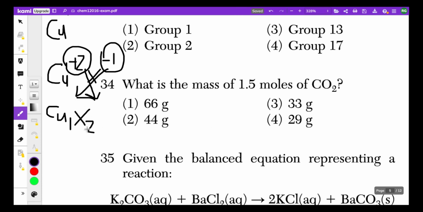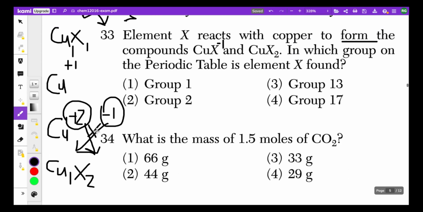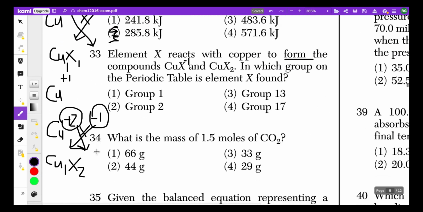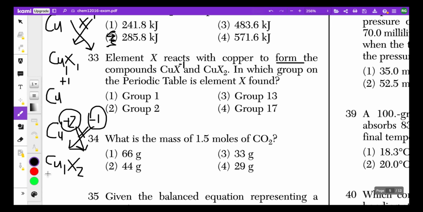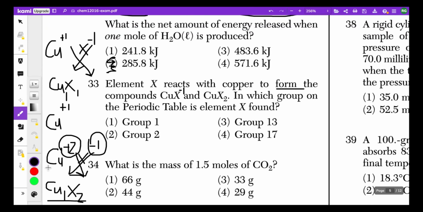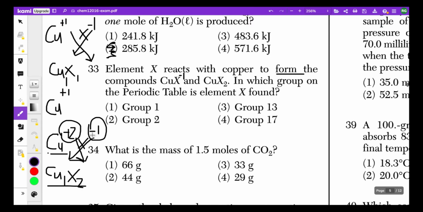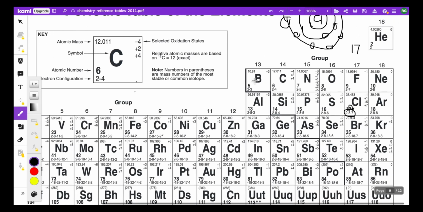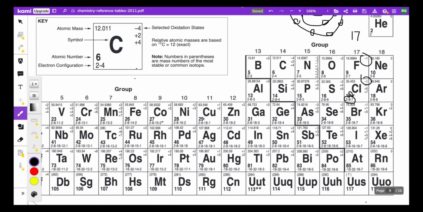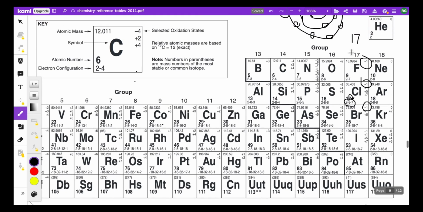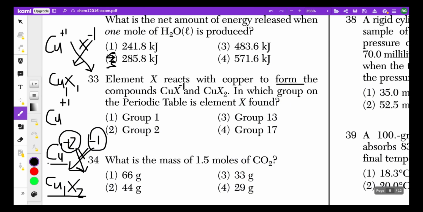This 2 becomes the X subscript. So you can see how when X has a -1 charge, it produces these formulas. So if you look in your periodic table, which elements produce a -1 charge? Oh, group 17 elements.